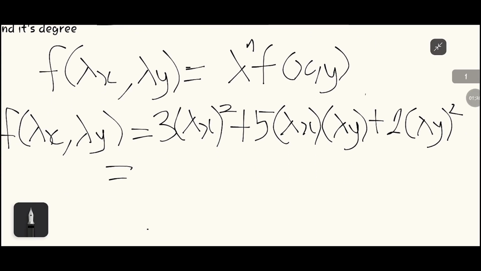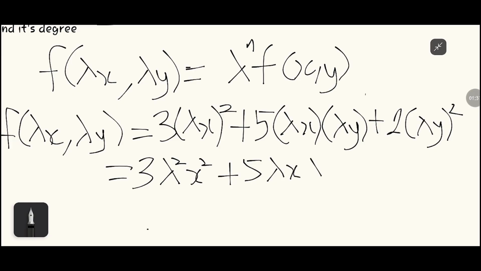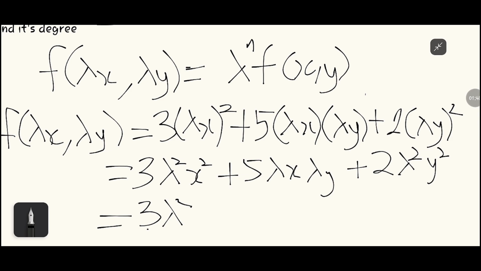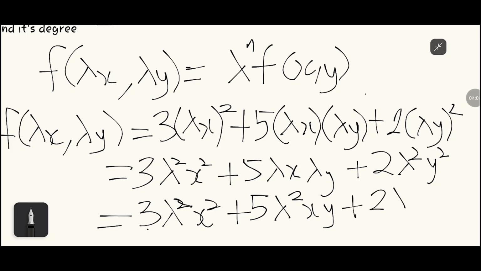Now this is going to give us 3 lambda square x square plus 5 lambda x lambda y plus 2 lambda square y square. So this will give us 3 lambda square x square plus, lambda times lambda will give us lambda square, so we have 5 lambda square xy plus 2 lambda square y square.